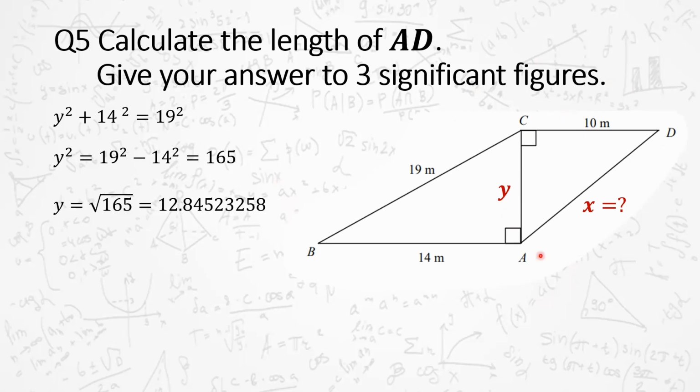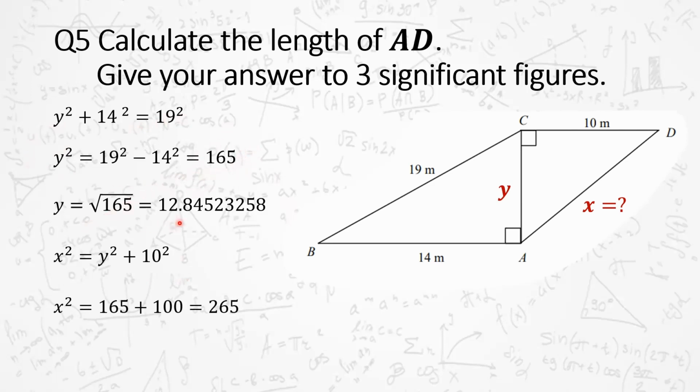Then we use the right angle triangle on the right hand side. Same principle. Look for the longest side that is opposite the 90 degrees, so that's x we're actually looking for. So the equation by applying Pythagoras will be x squared equals y squared plus 10 squared. Substitute the value of y squared, so we actually got y squared here, which is 165.